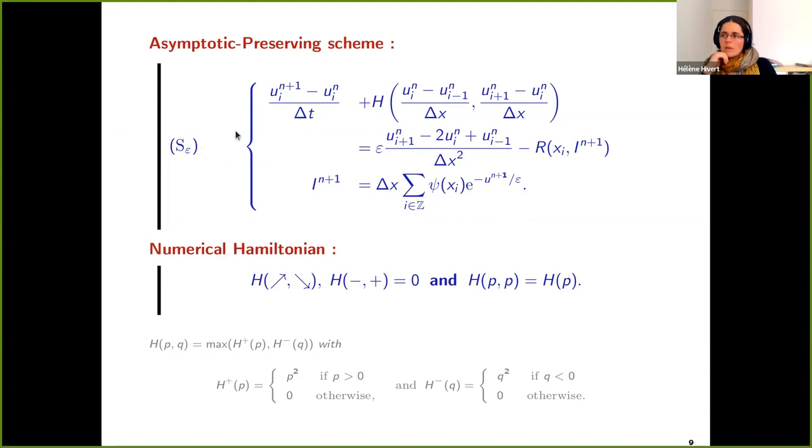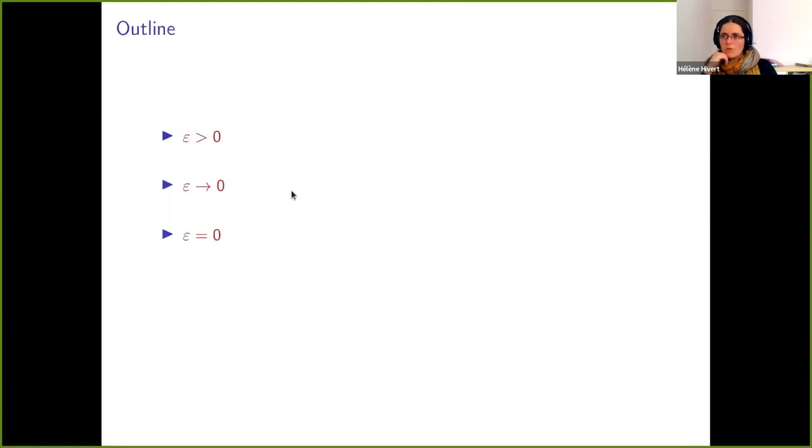So S epsilon. When epsilon is positive, to check that it is a good scheme. When epsilon is going to 0, to check that it enjoys stability. And then when epsilon equal to 0, to check that this is a good scheme for the limit equation. So the outline is very basic.